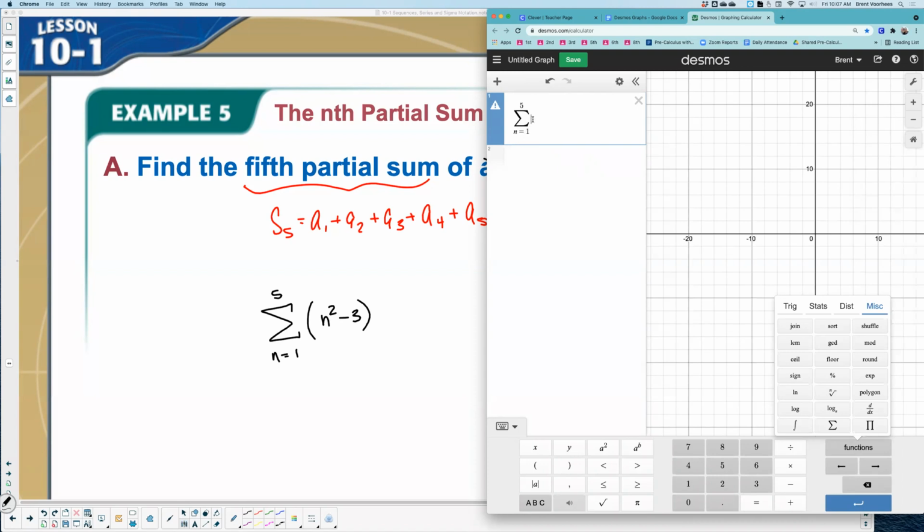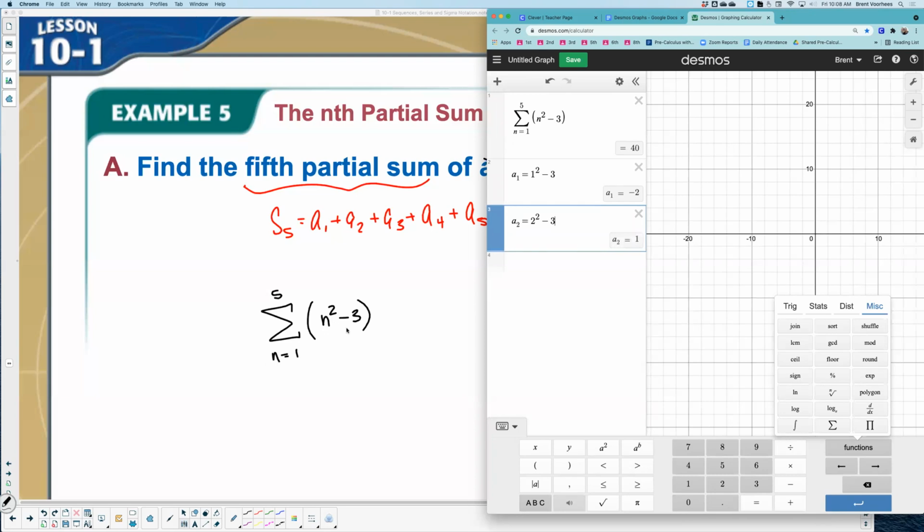It's going to count. So what it's going to do first is plug into our formula, n is 1, and get a value. If it plugged in n is 1, let's just figure out what all these equal. A1 would equal 1 squared minus 3. A2 would equal 2 squared minus 3.